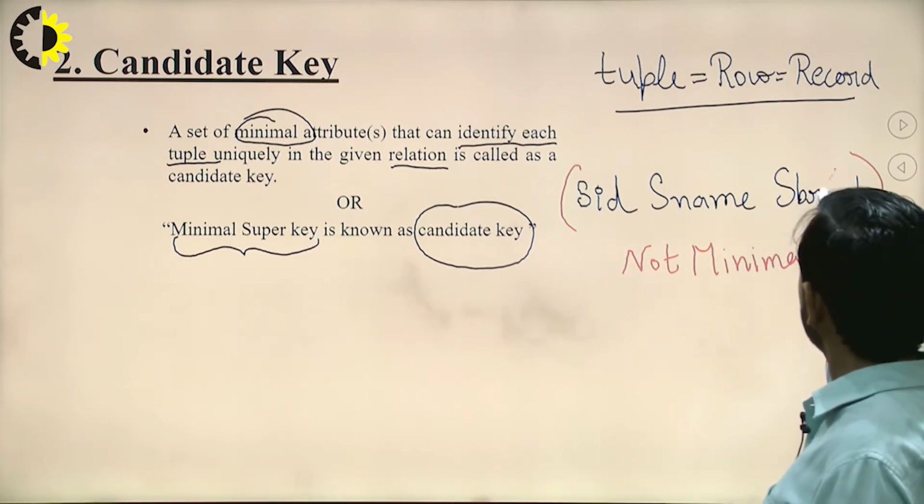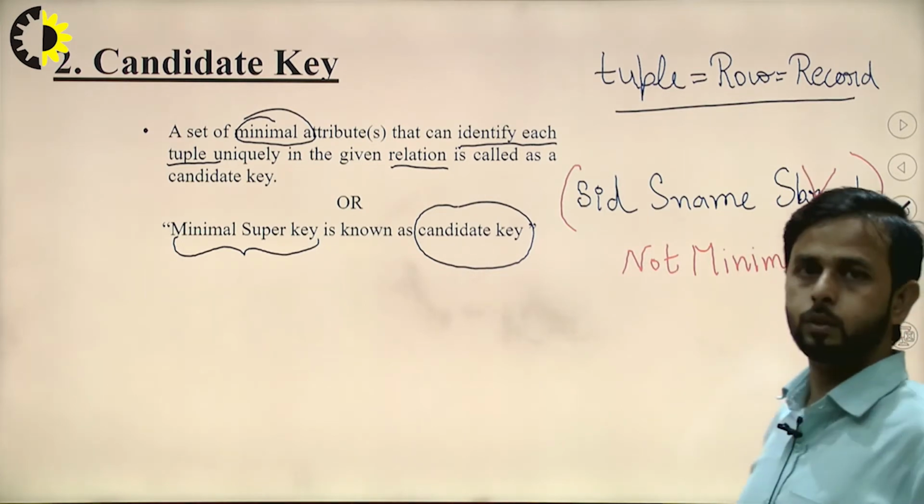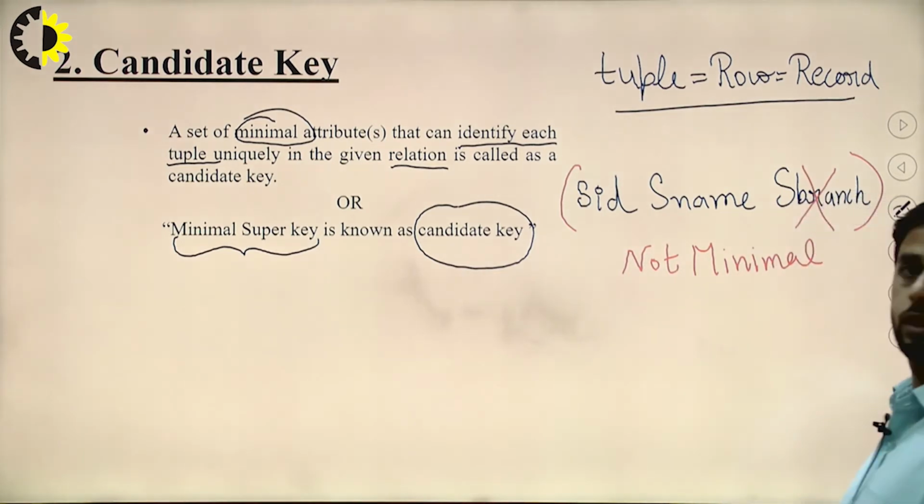If I remove student branch, still I am able to identify all the records uniquely.